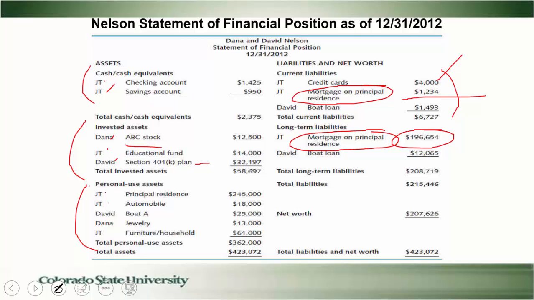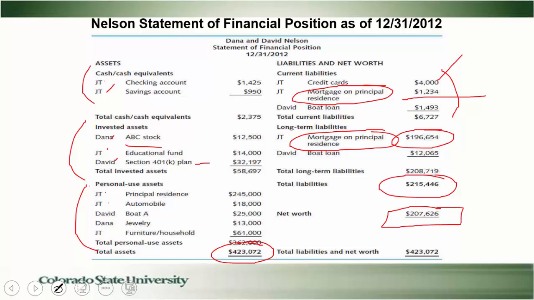Most people, for a variety of reasons, will be better off paying off credit card debt sooner than later. So we usually record that as a short-term debt with the assumption we're going to try to get that paid off as soon as possible. Then the difference between our total liabilities and our total assets here gives us net worth.